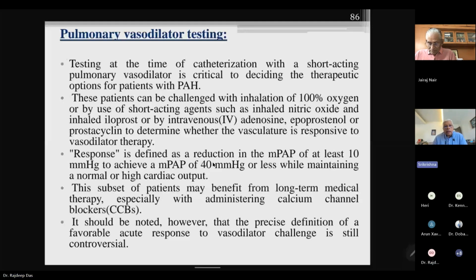During the investigation, you should focus on echo, because that is the commonest and easily available modality for assessing or calculating the amount of pulmonary arterial hypertension, and also to decide which patient can be treated either by medical therapy or surgical management.